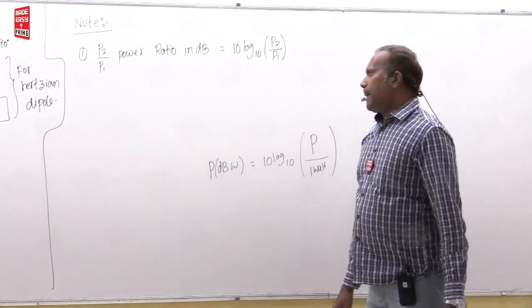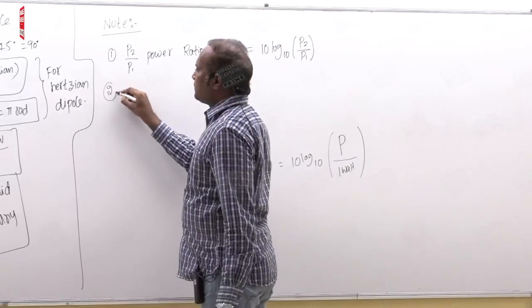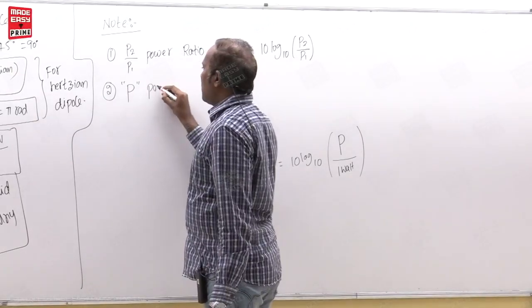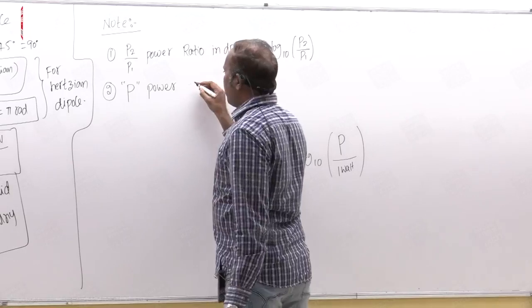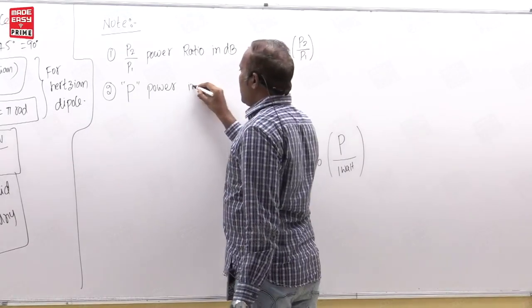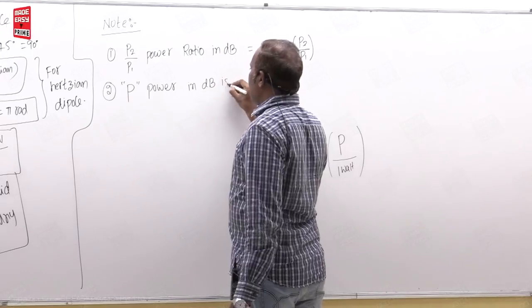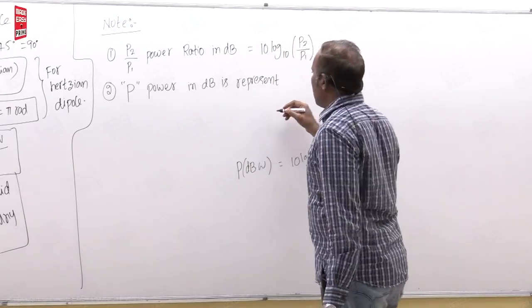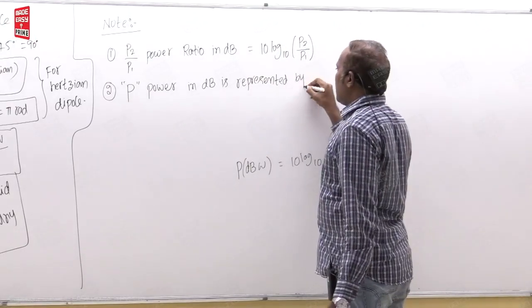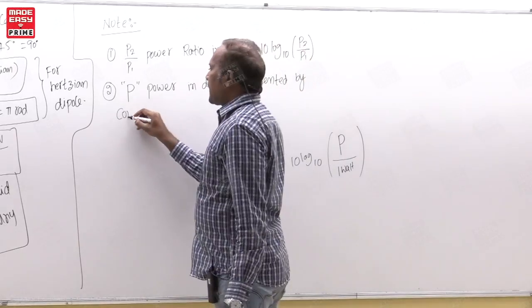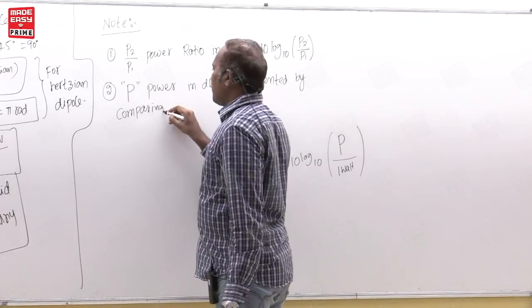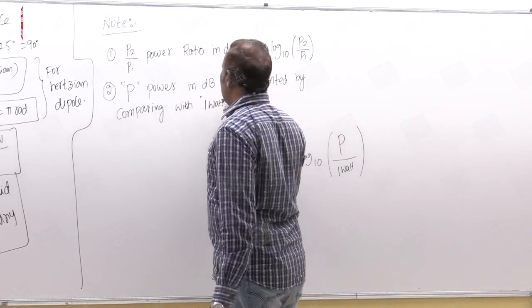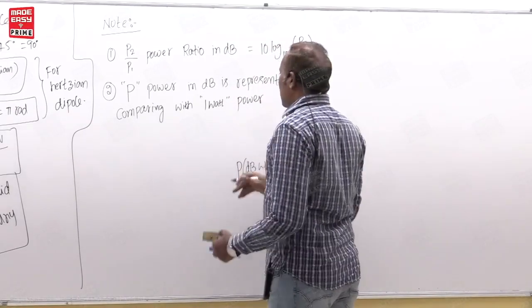So dear students, now I am writing here second point: power in dB is represented by comparing with 1 watt power.